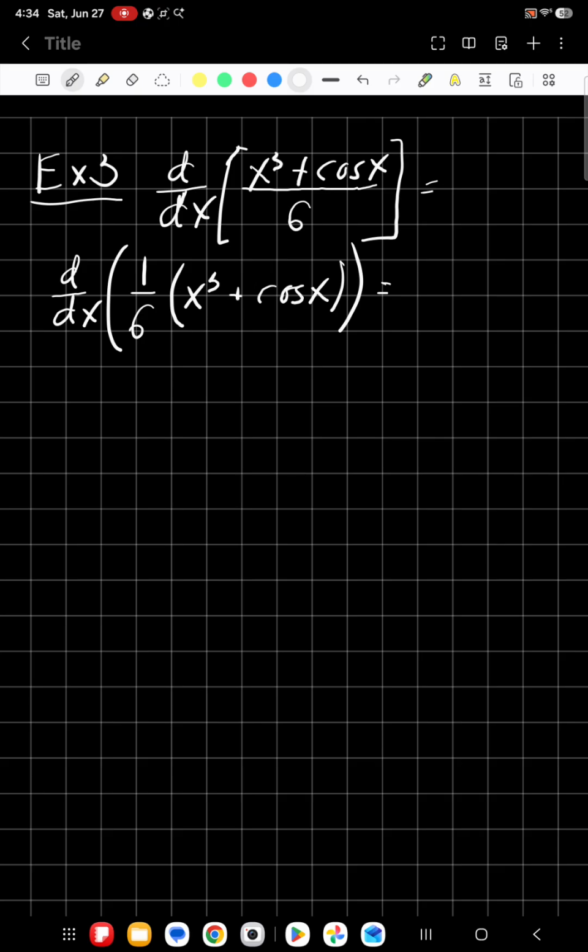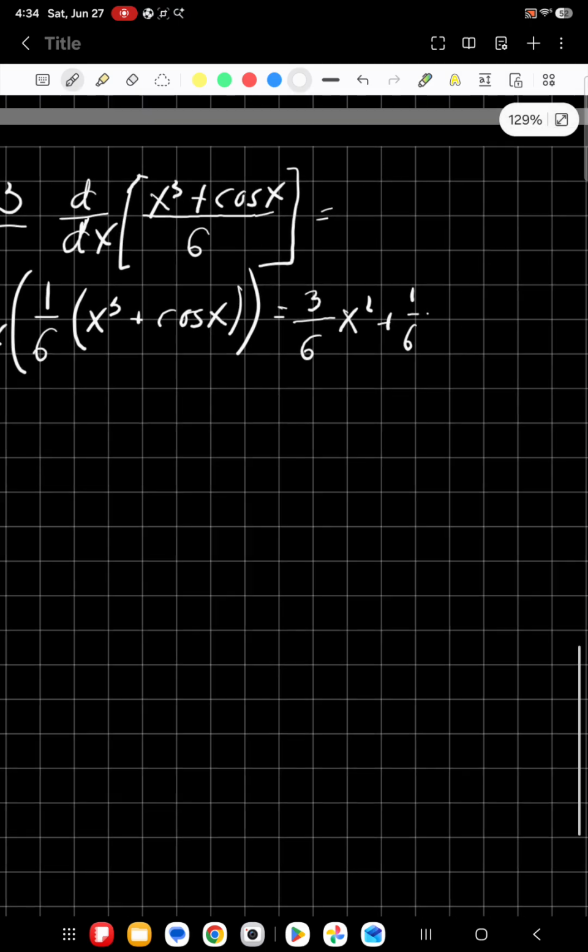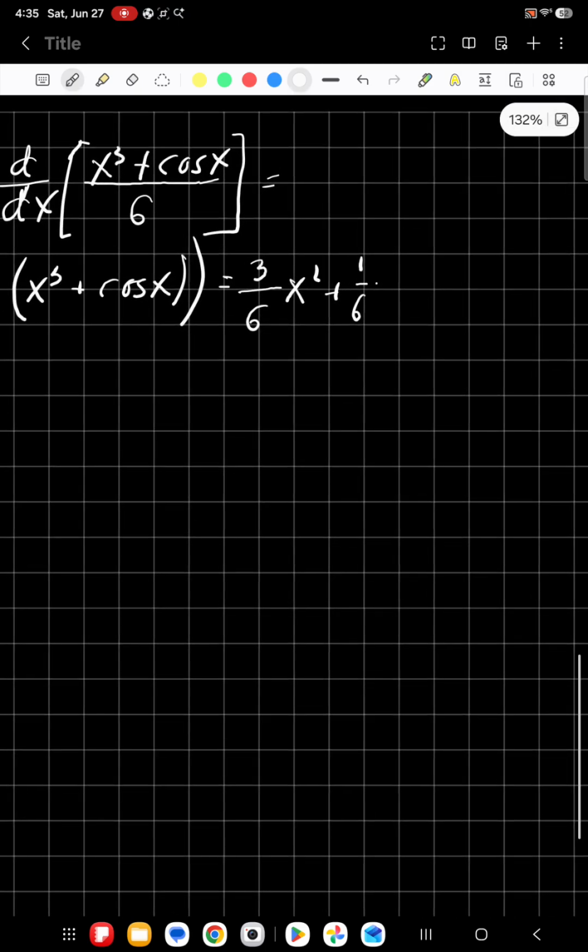The derivative of x cubed is 3x squared, so I'll have 3 over 6 x squared, plus, let's just keep that 1/6, and the derivative of cosine x is negative sine x. So negative sine x.